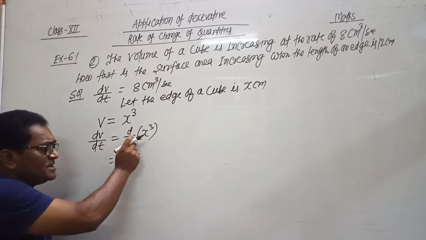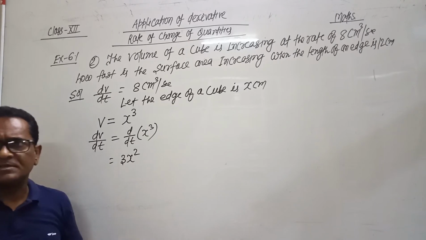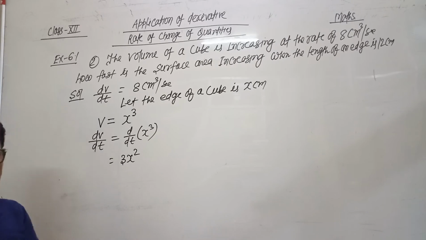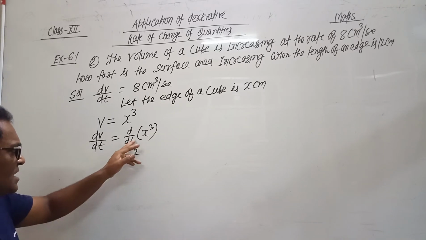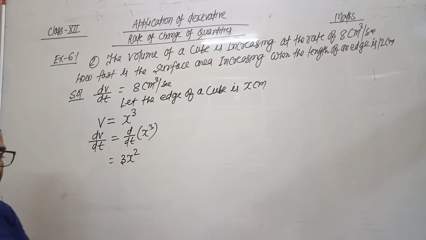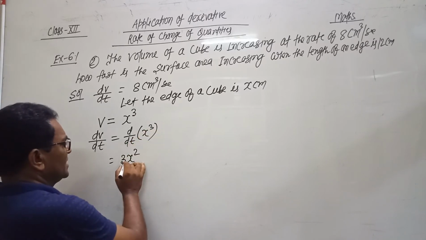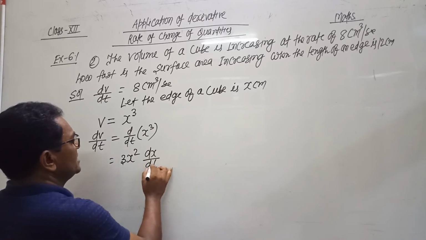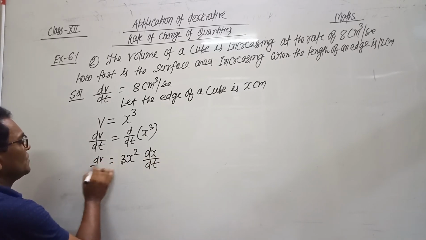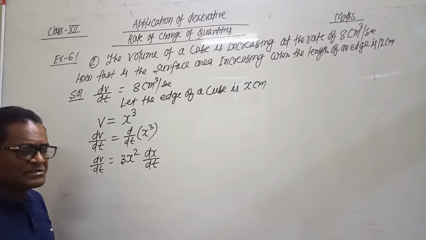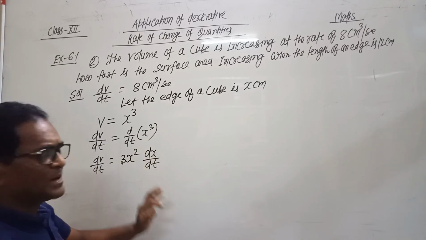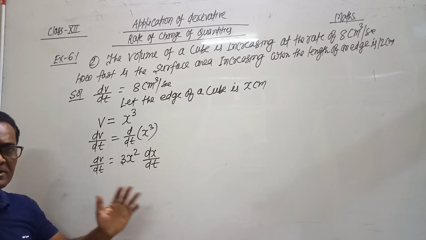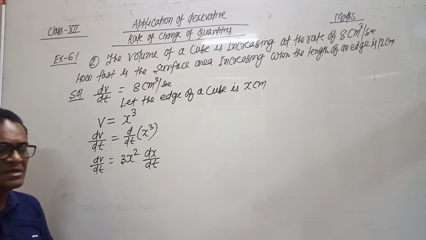If here it were d by dx, then the differentiation would be 3x square, but here it is d by dt, which means we do not have to differentiate with respect to x, but with respect to time. So differentiation of x cube is 3x square, and differentiation of x with respect to t is dx by dt. So from this expression, firstly we find dx by dt, the rate of change of the edge of a cube.